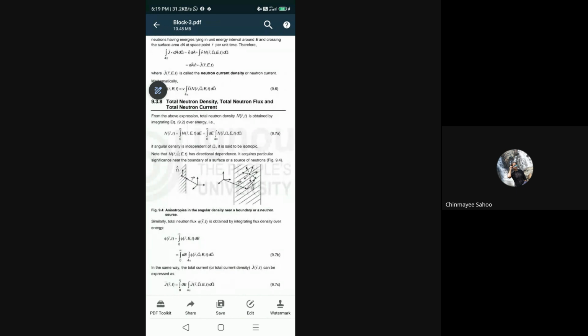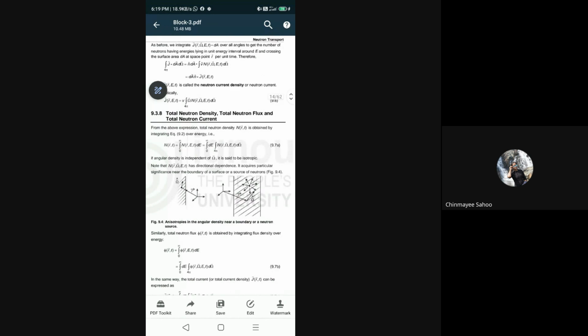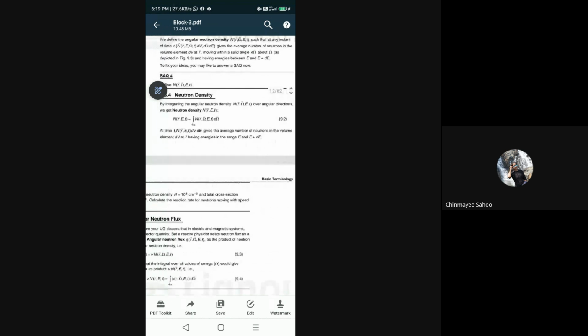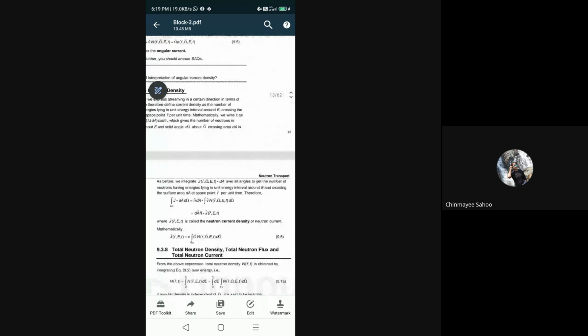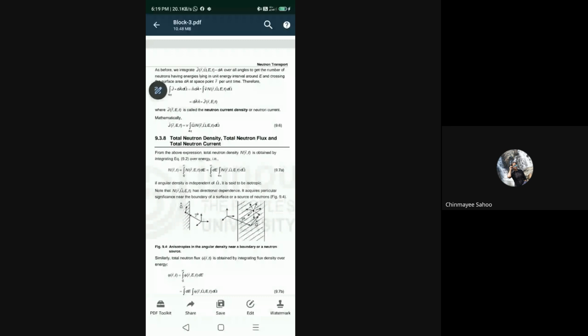From the above expression, total neutron density N is obtained by integrating the previous equation, which I have discussed earlier. That is, N is equal to integration over 4 pi of N d omega. This can be written as N is equal to integration from 0 to infinity dE, integration over 4 pi of N d omega.